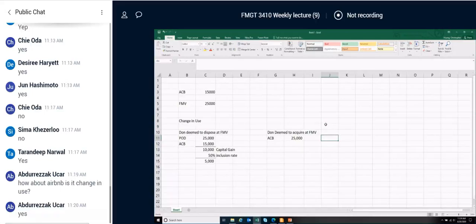Now the ACB is going up to 25,000. Well, if I put 25,000 to UCC, is it fair? Because what happens to the 25,000? How much CCA do I get?